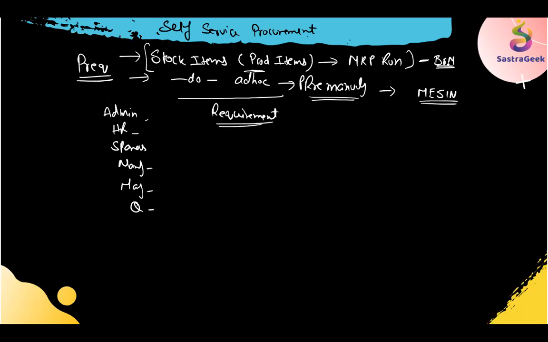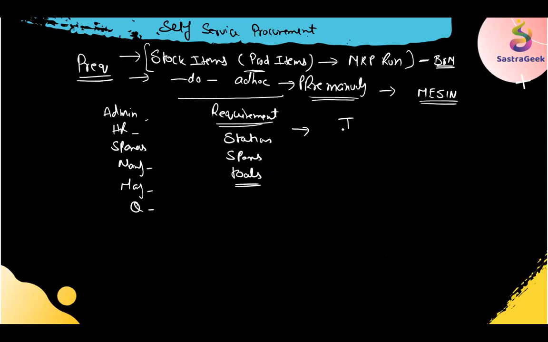What kind of items? Basically stationery items, some spares or tools used in production, and other non-production items: oils, clothes, masks, earplugs, shoes. Those are all non-production items, so generally we don't maintain stock for them, and we don't have an MRP run for them. Whenever we require them, somebody would create an indent.